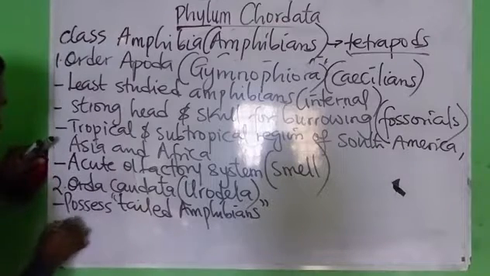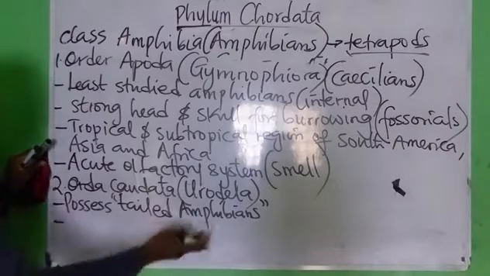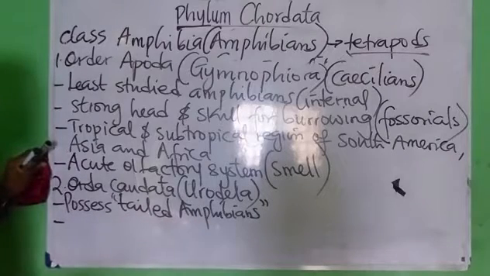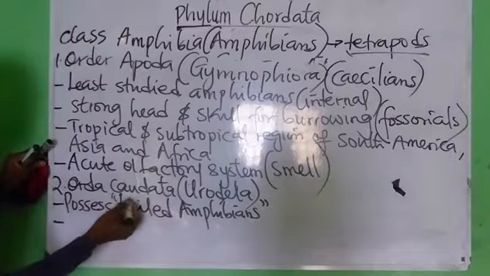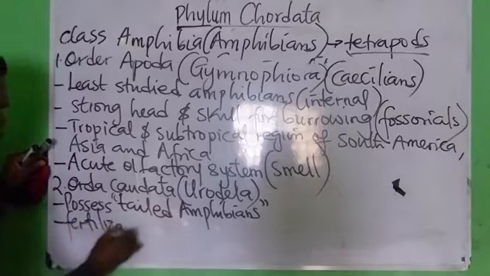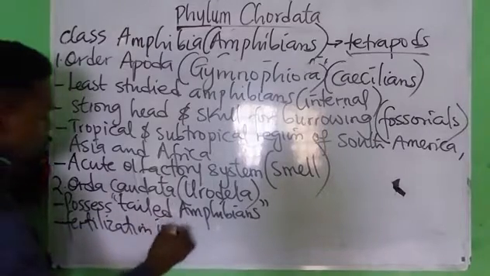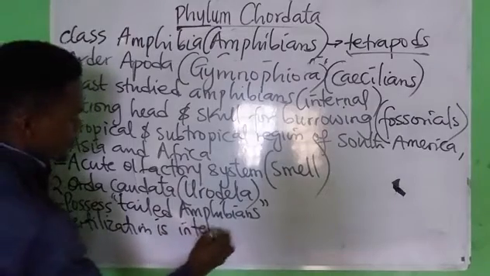So they possess tail, so they are called tailed amphibians. Now, salamander. Okay, fertilization is internal fertilization. Let me just give the features first. For example, fertilization is internal.